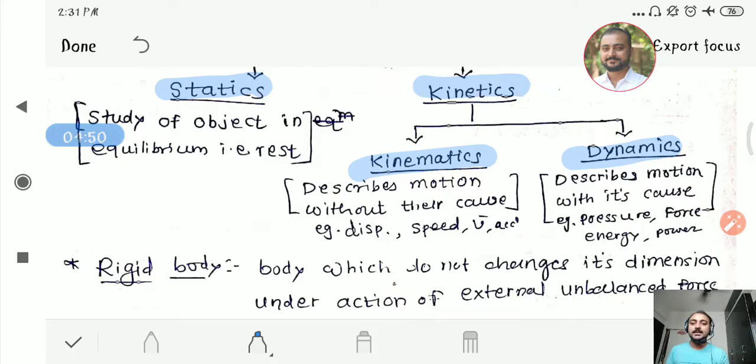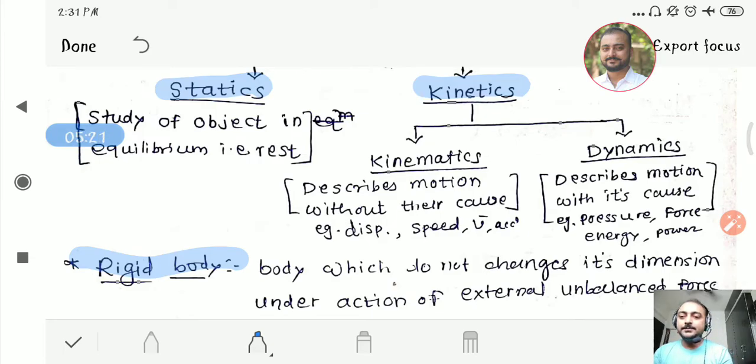Then the next important thing in our chapter is to understand the particular concept of a rigid body. What about the rigid body? The word rigid body says that the object does not change its dimension under the action of an external unbalanced force.